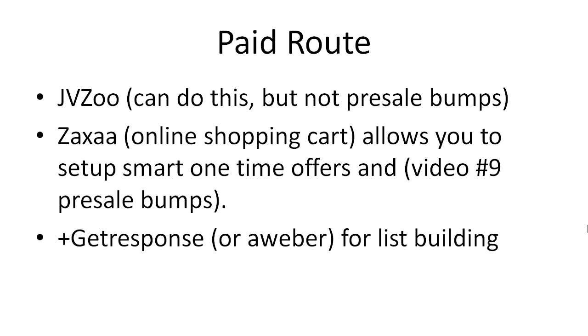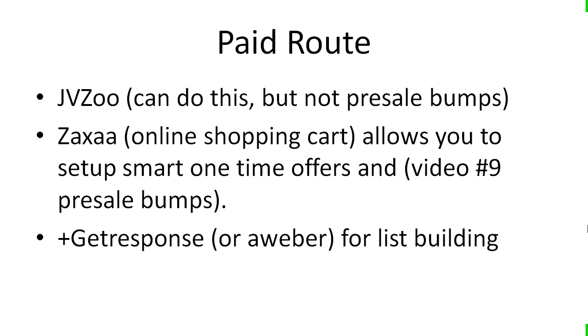Now, the benefits and disadvantages, JVZoo does charge you a fee on top of your payment processor fees. So for example, JVZoo you can start out for free. Zaxa you can as well. But keep in mind, don't be thrown off. Zaxa does have a monthly and yearly fee for their premium features. But you pay a yearly fee or you pay a monthly fee and they waive all the fees.